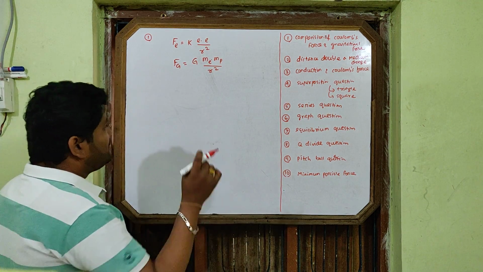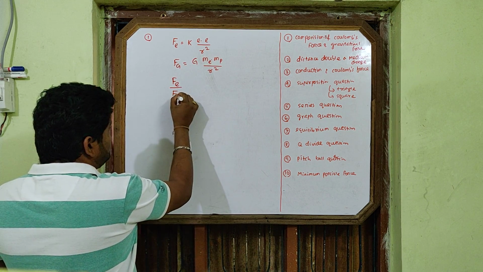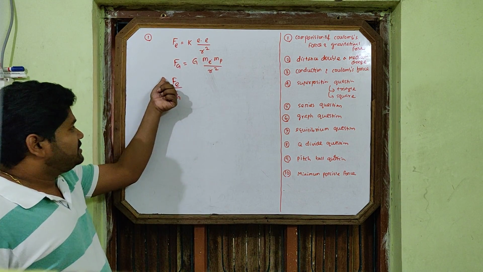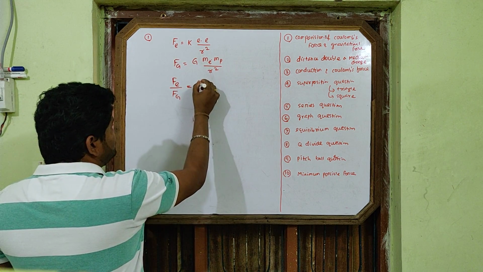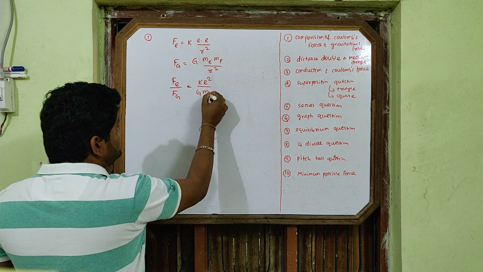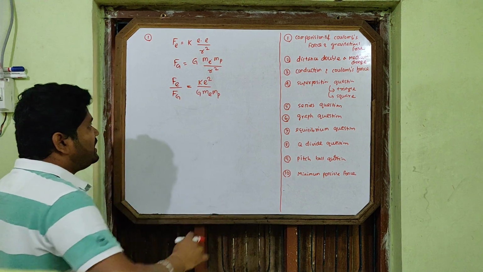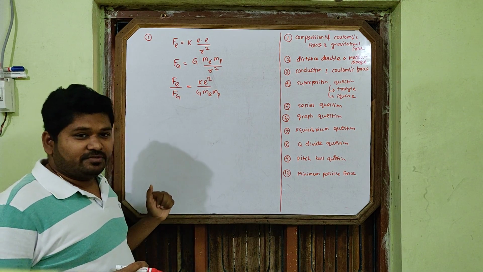Now, as a comparison, let us find the ratio. This is the comparison, electrostatic force to gravitational force. Let us find the ratio. So the ratio is coming, you see, K e square divided by G Me Mp. R square will be cancelled, so this is the expression.